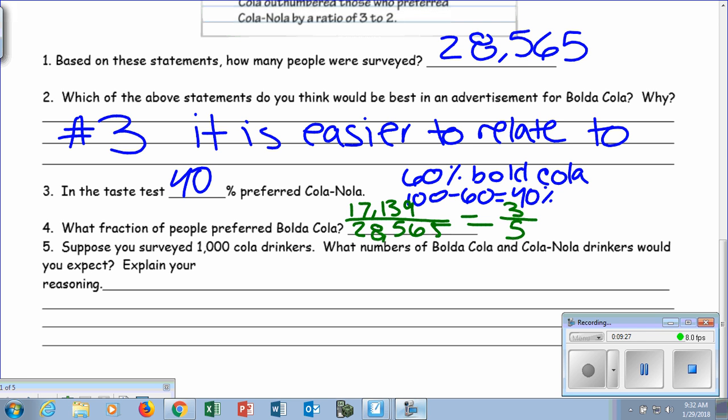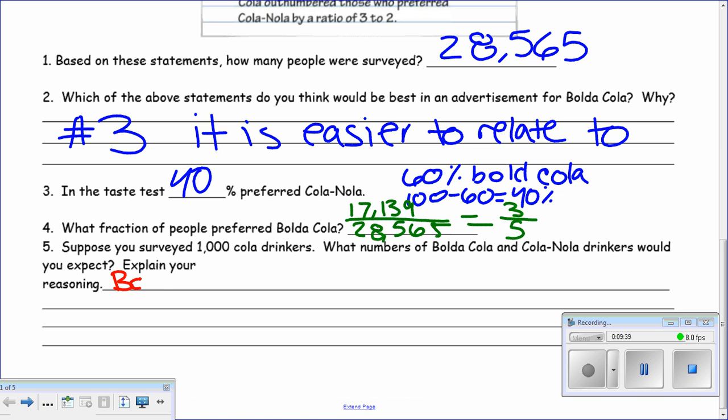Who found the number of Bolda Cola and Cola Nola drinkers? Elena. So Bolda Cola was 600 people and 400 people for Cola Nola. We found it by looking at the percent, because it says that in the taste test 60% of the people preferred Bolda Cola.